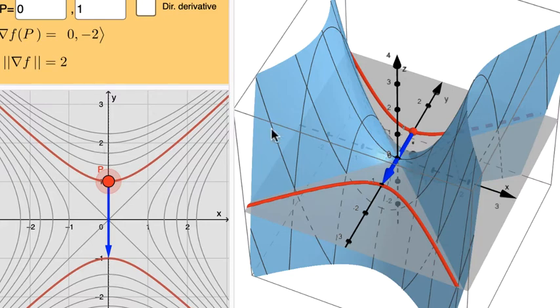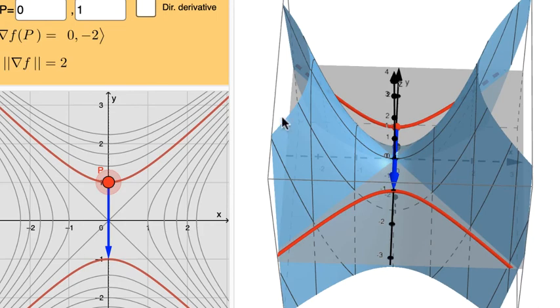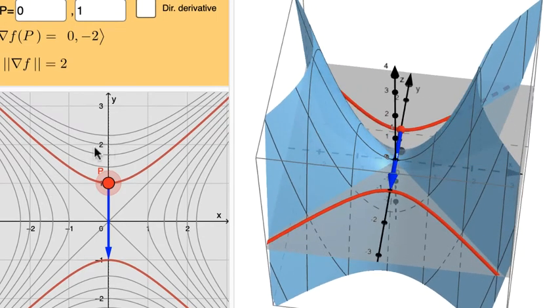So on the right hand side, you see the graph of the function x squared minus y squared. Then on the left hand side, you see the domain of the function together with some level curves drawn on it. Right, so on each of these curves, the function has a constant value.